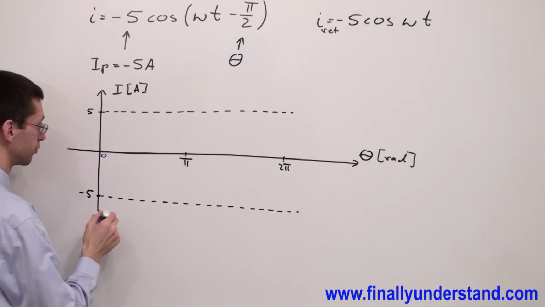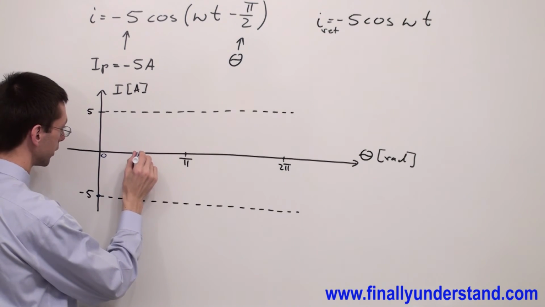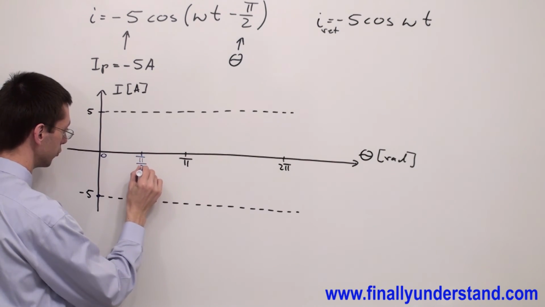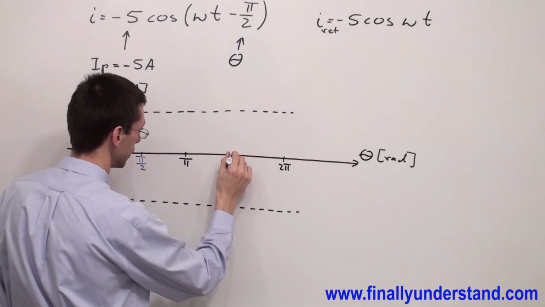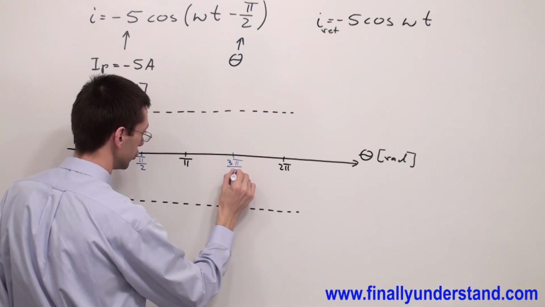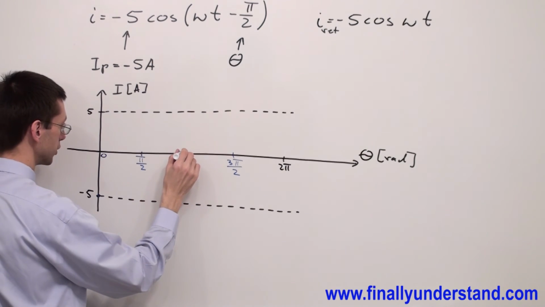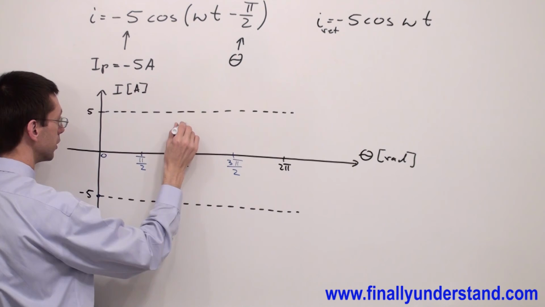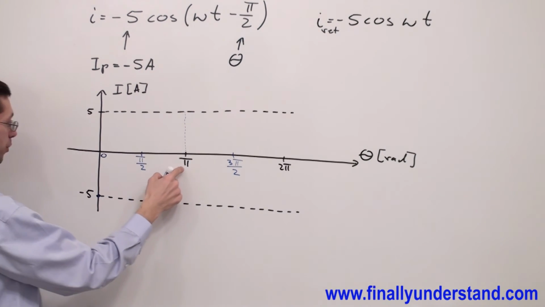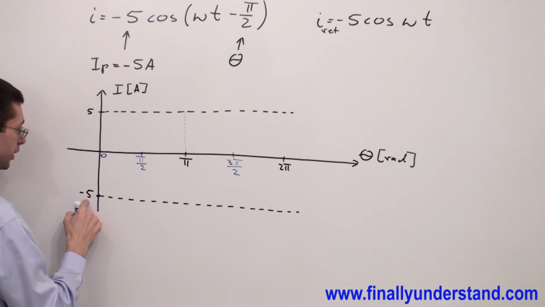And if it's going to start from 0, the very important points for this cosine wave are pi over 2, pi, and 3 pi over 2 and 2 pi. Remember, cosine wave, which starts from 0, is going to have peak value at pi. In this case, we're starting from negative peak.